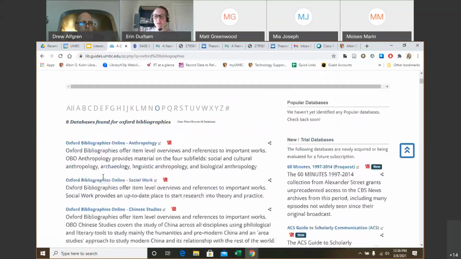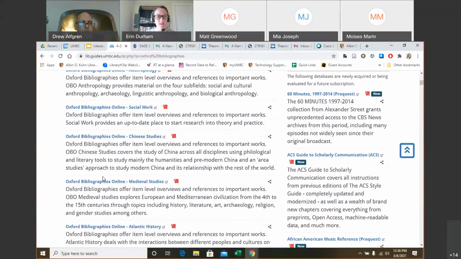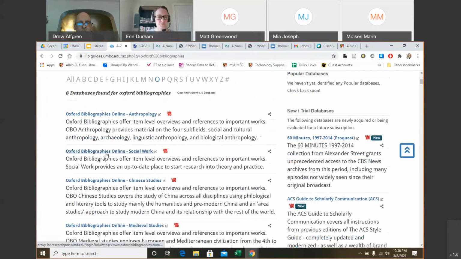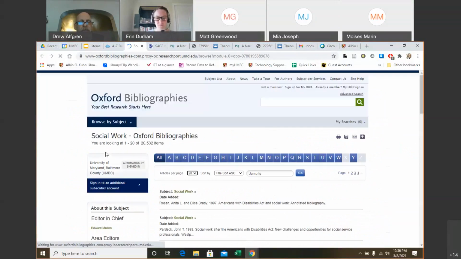You may not have a topic that aligns there, but we're going to point out some of these because it provides a really nice example. And bibliographies are not new. Bibliographies have a long tradition, and Oxford kind of revived these in an online digital format, but you will find bibliographies in the stacks for all sorts of topics.